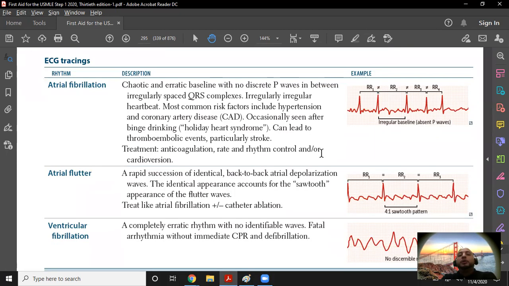Okay, so with AFib versus AFlutter, make sure you know that with AFib, you're going to have non-discernible, no P waves. Okay, you cannot see any P waves, and you're going to have that irregular heart rate with the R to R intervals, which are abnormal.